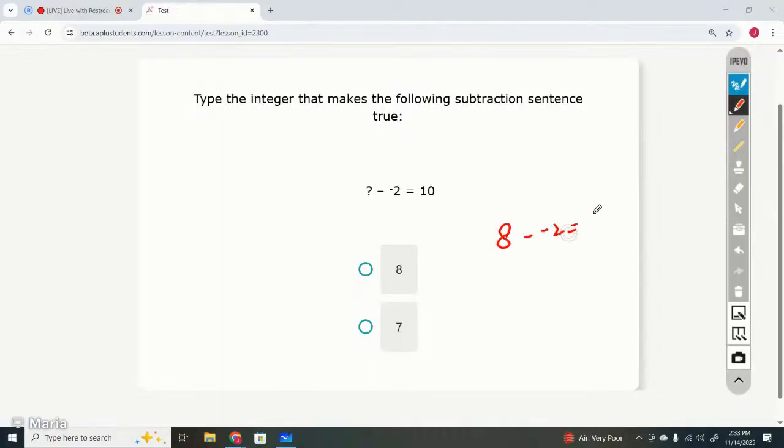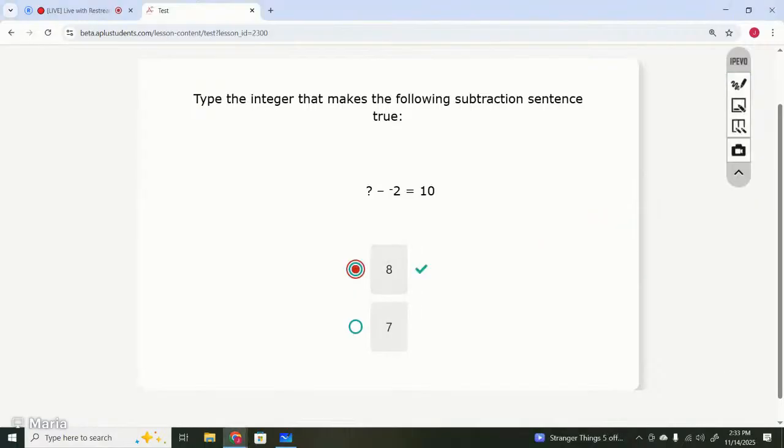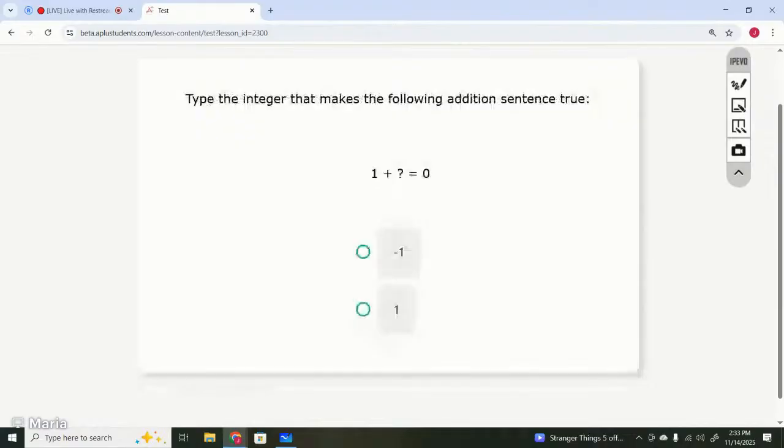Eight minus negative 2 equals 10. That is 8 plus 2. So both sides are exactly equal. So the correct option is 8. Option number 1 is the correct option. Type the integer that makes the following statement true.